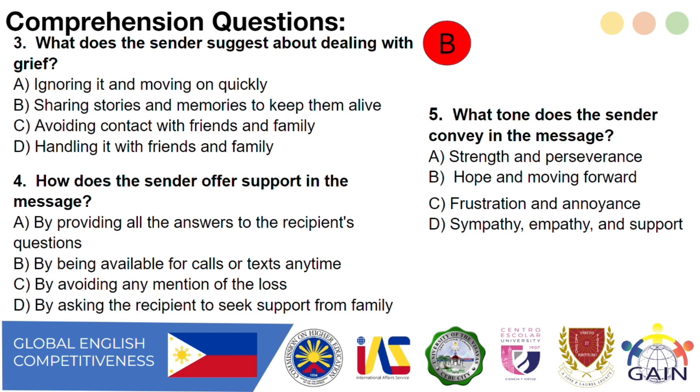Number 4. How does the sender offer support in the message? Letter A. By providing all the answers to the recipient's questions. B. By being available for calls or texts anytime. C. By avoiding any mention of the loss.